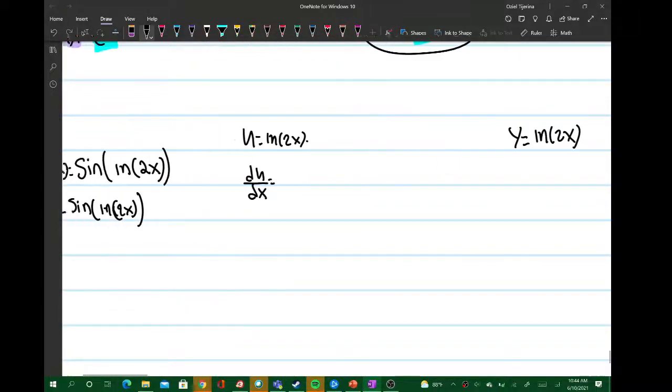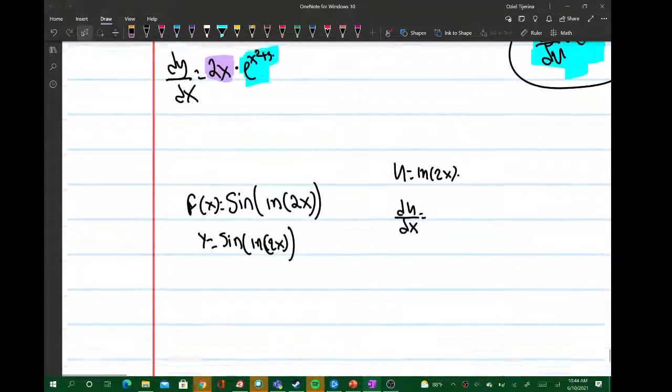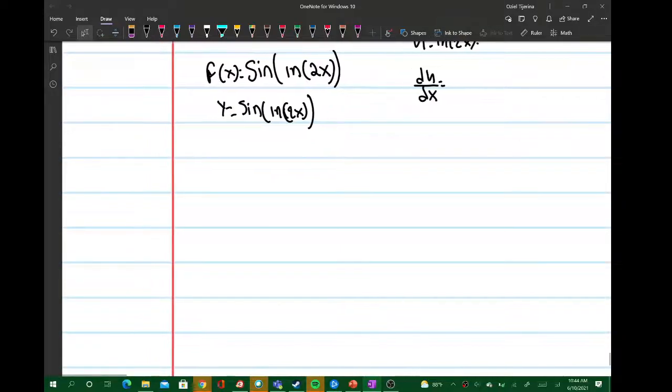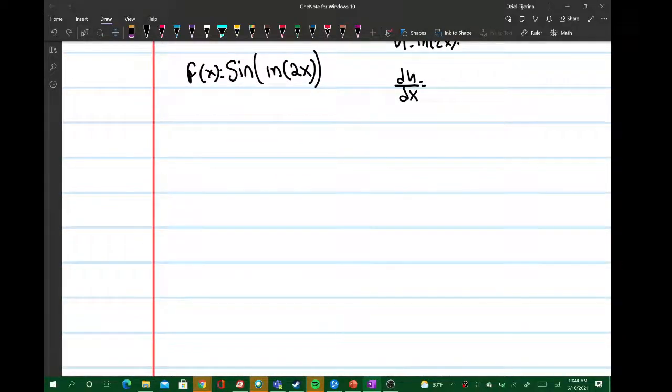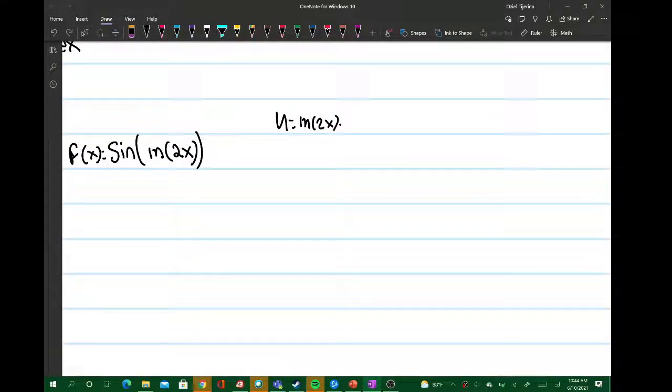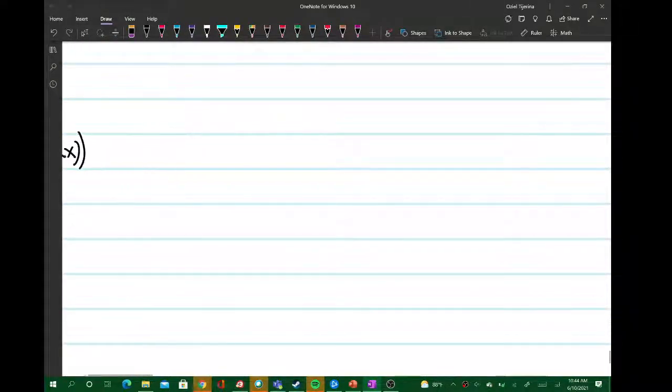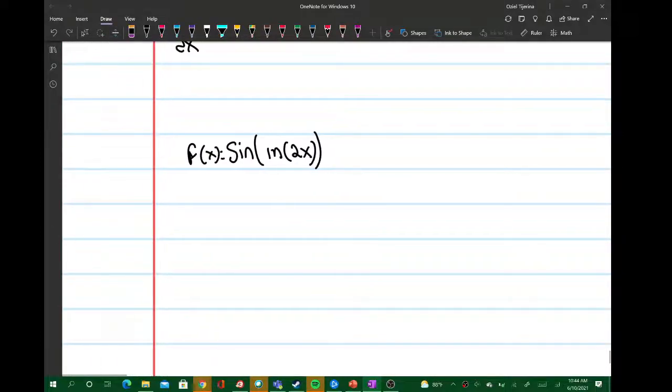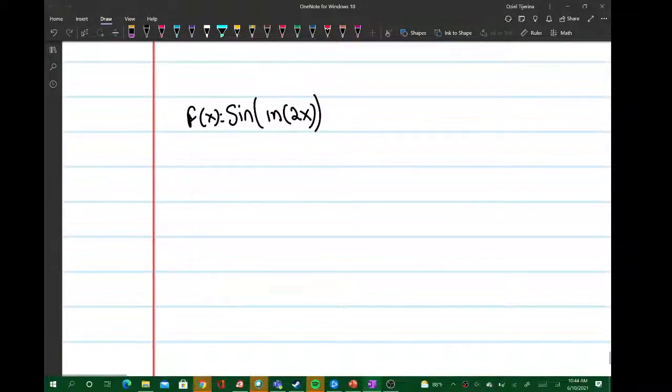Let me first show you guys how I would do it, and then I'll use Leibniz notation, because I don't want y'all to think that I'm just making my own method up.